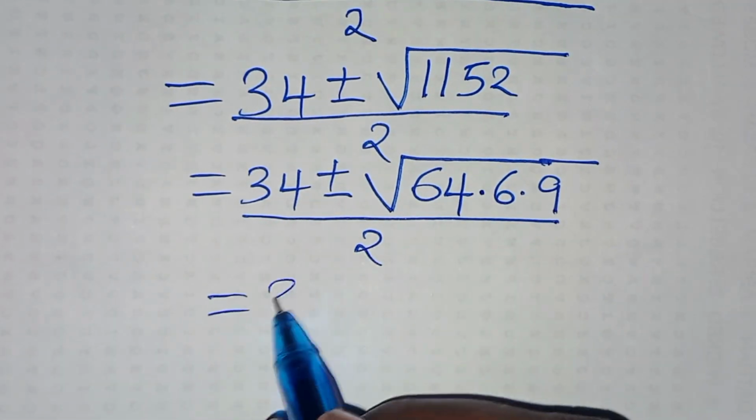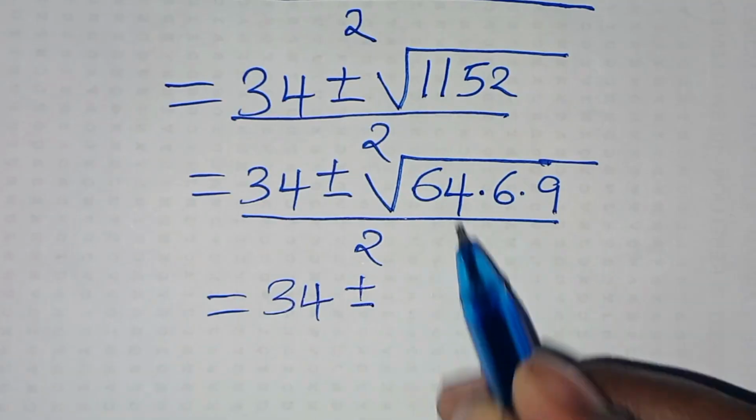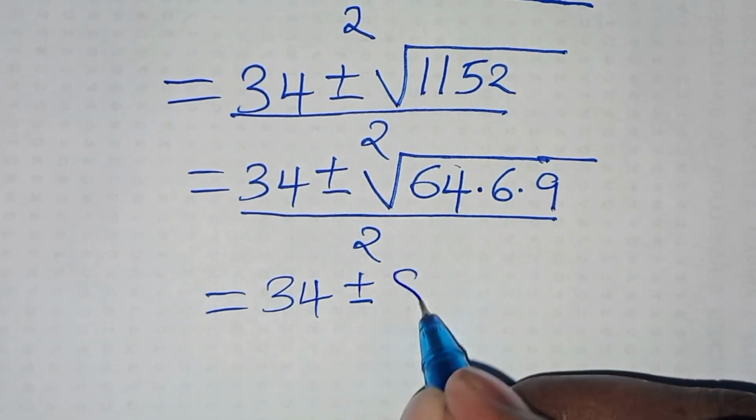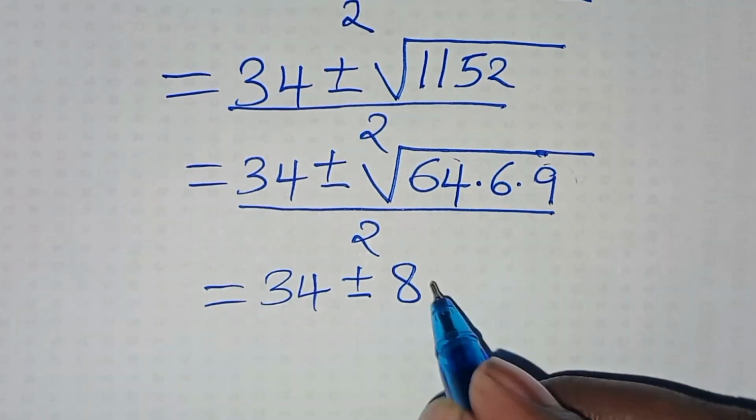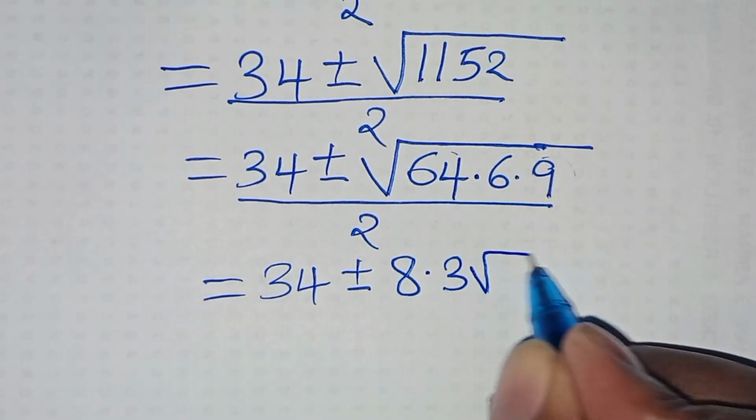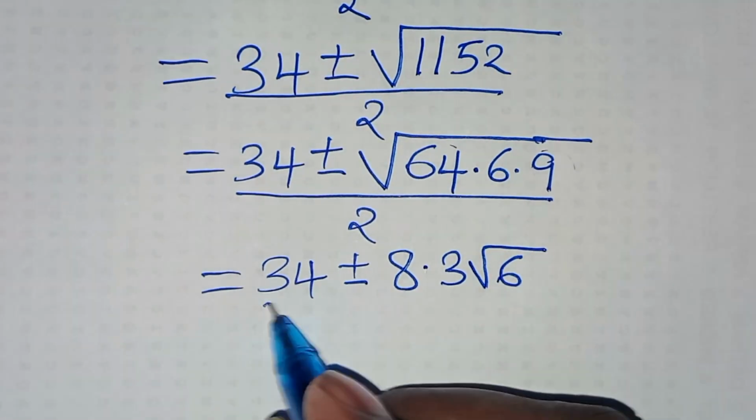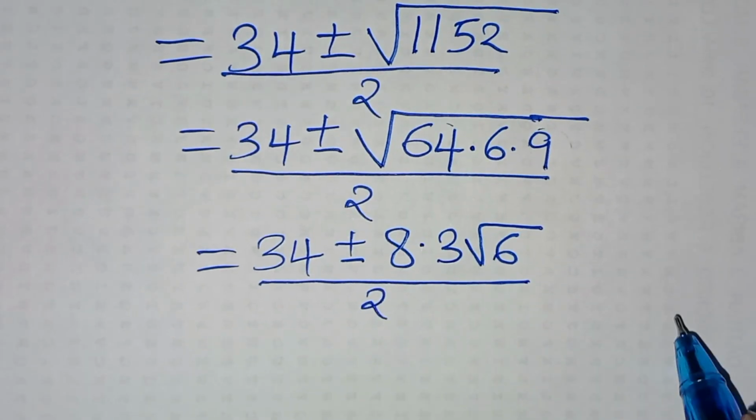So we have 34 plus or minus the square root of 64, which is 8, the square root of 9, which is 3, then the square root of 2, all divided by 2.